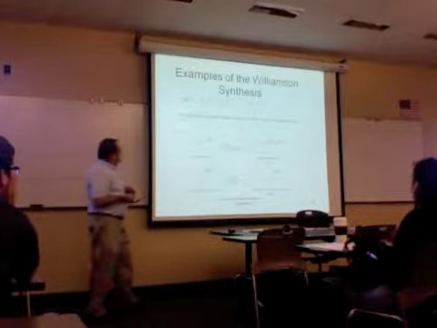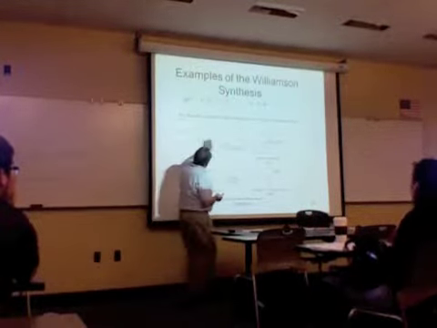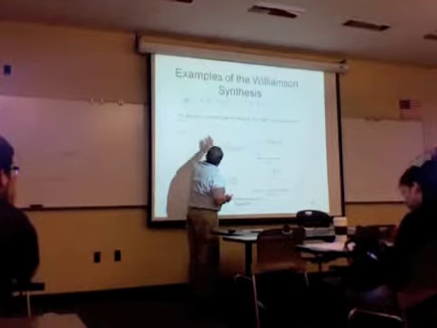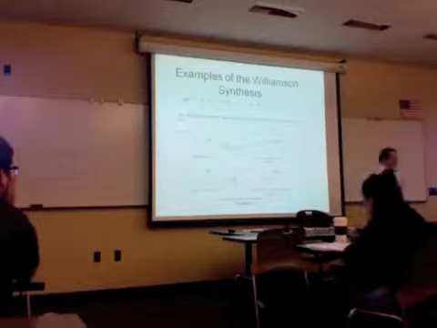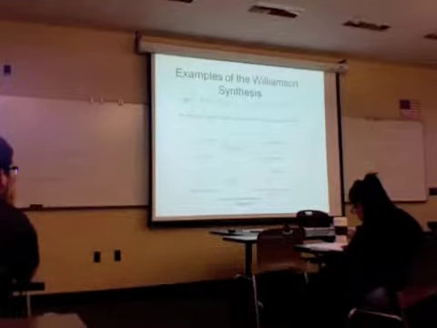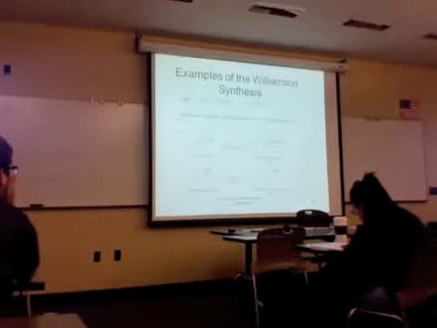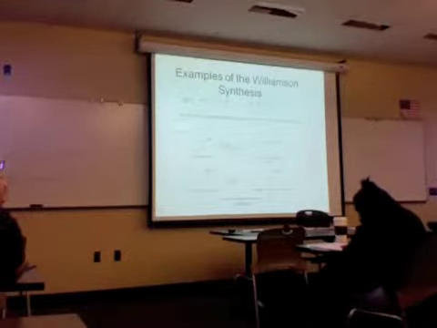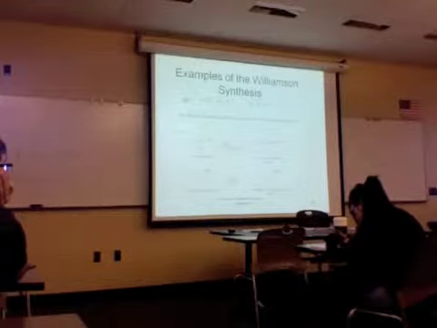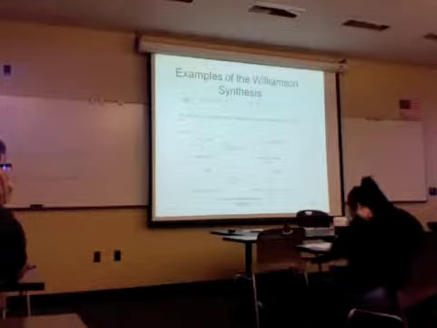One of the problems is that the alkoxide, once I take that hydrogen off and make it a base or a nucleophile, is a good strong base also. And if I've got a secondary or tertiary halide, I'm actually going to make the alkene rather than the ether. The base is just going to take the hydrogen off next door, and with the leaving group taken off, I'm going to get an alkene rather than an ether. Okay.